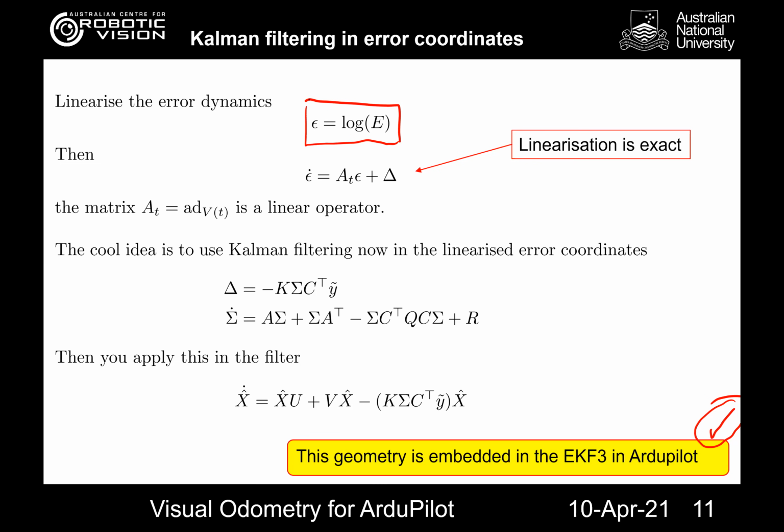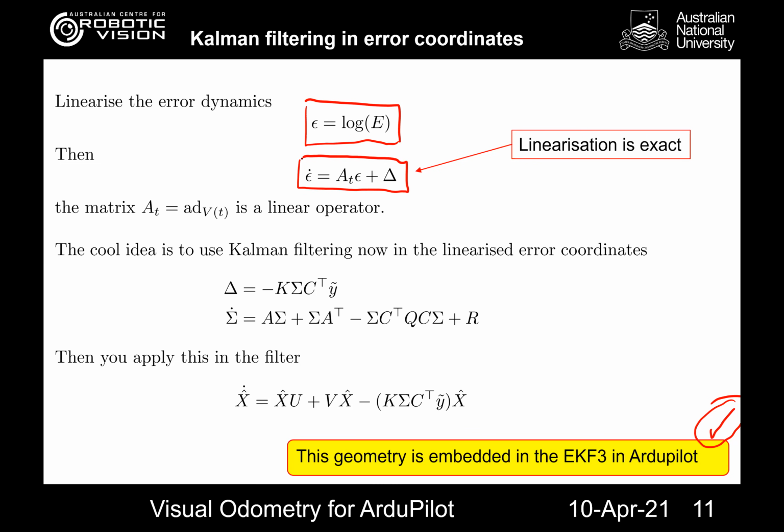And what I'm going to do is have a really neat way of putting some coordinates on that respects that geometry. So not just any coordinates, but coordinates that respect the geometry. When you do that, in the linearization, you get this equation. And the point about that is that within those coordinates, that linearization is actually exact.